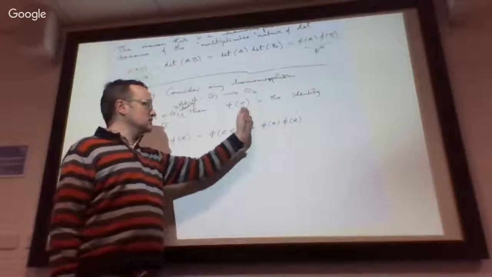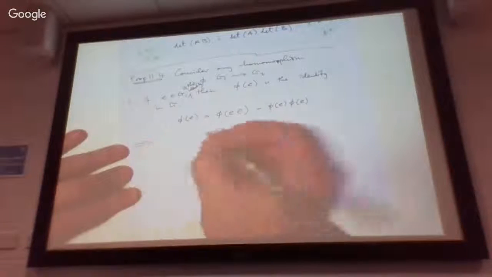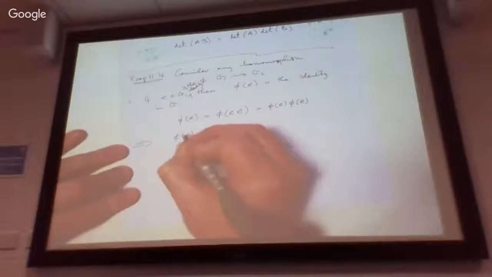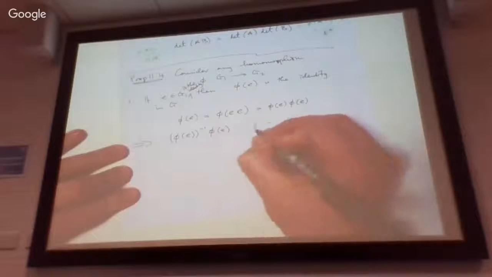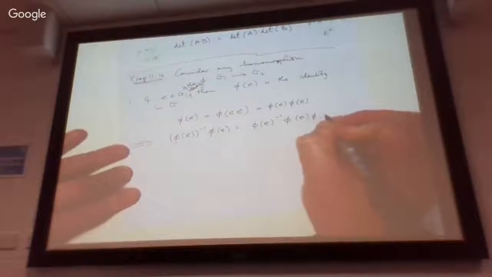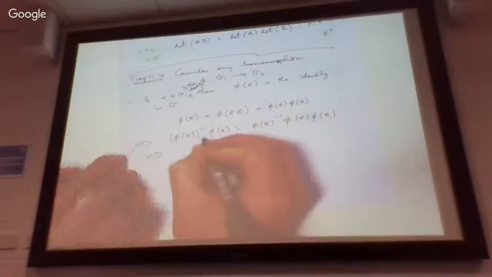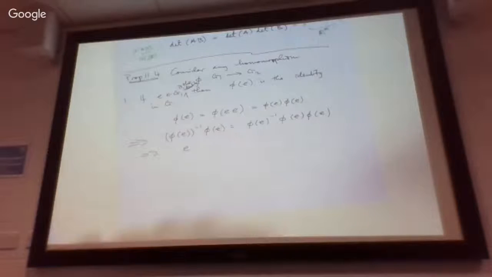So if we cancel phi of E, which we do by multiplying both sides by the inverse of phi of E: phi of E inverse times phi of E equals phi of E inverse times phi of E times phi of E. Well, phi of E inverse times phi of E cancels out, and we get the identity.